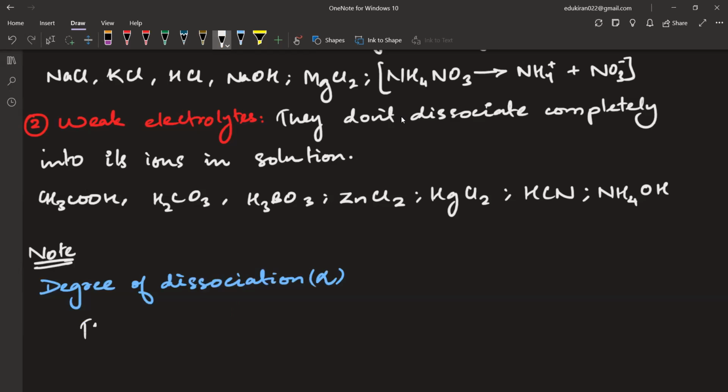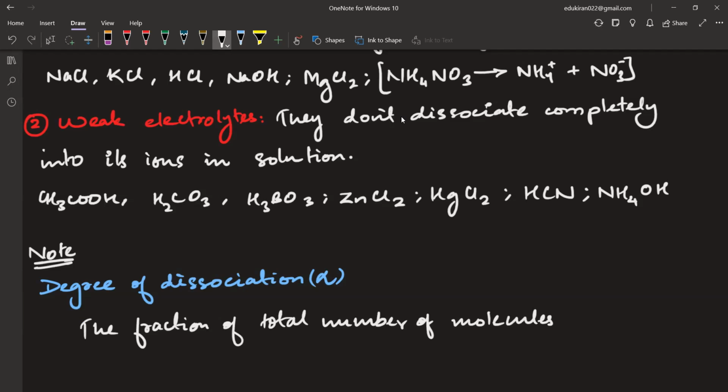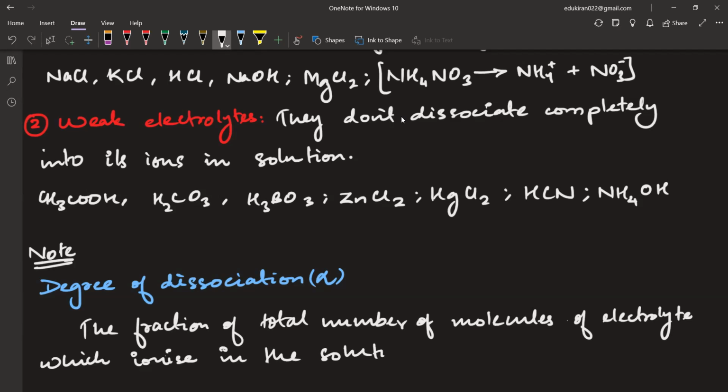The fraction of the total number of molecules of the electrolyte which ionize in the solution. It is represented by alpha.